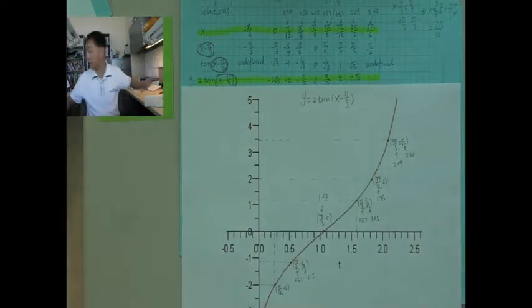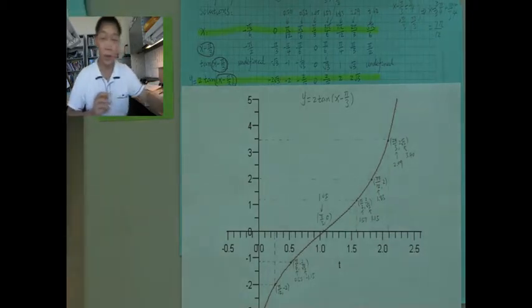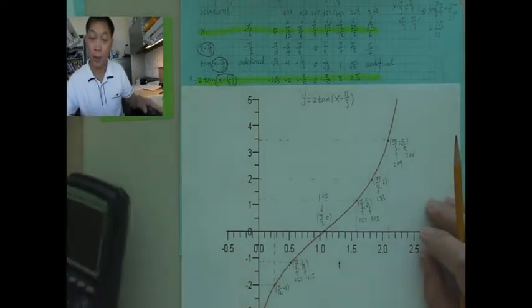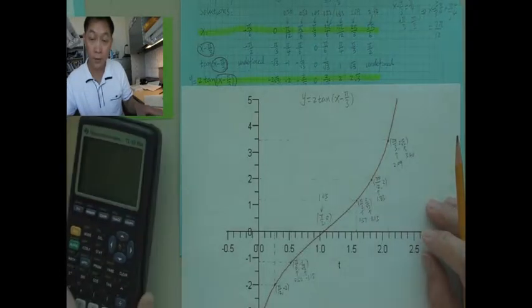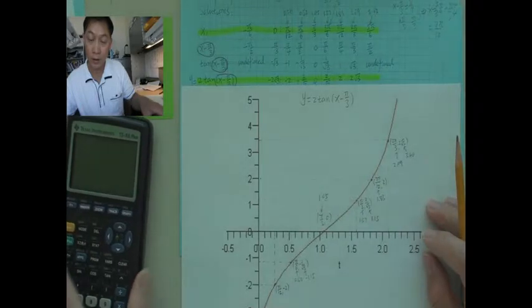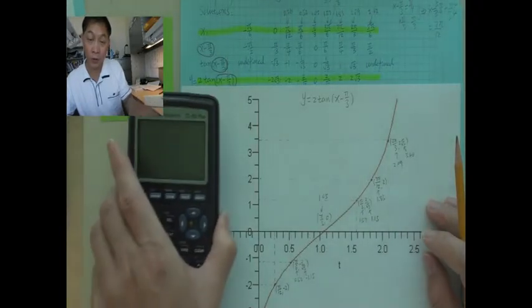let's calculate to see exactly what's going on down here. 2 pi, 5 pi over 6.